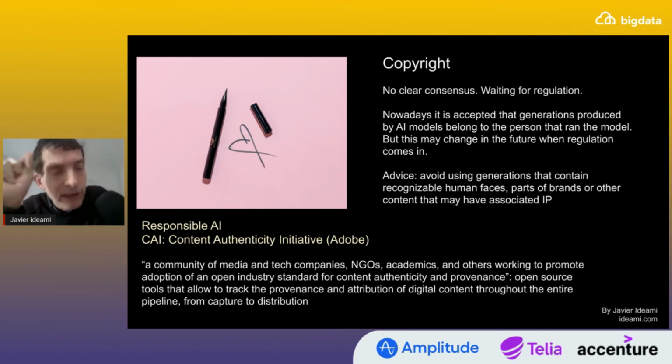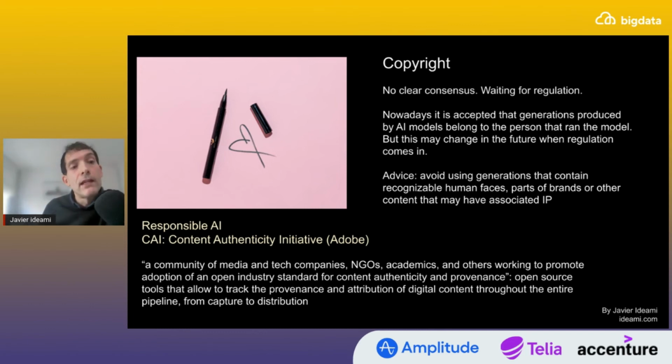But something very interesting to talk about is the responsible AI movement, a movement that is all about making responsible use of this technology. In connection with that, an example is the CAI, the Content Authenticity Initiative by Adobe, that Adobe actually began in 2019, and now is becoming really dynamic in connection with generative AI. It's all about bringing a lot of companies together. It's free to join, to produce an open industry standard for content authenticity and provenance.